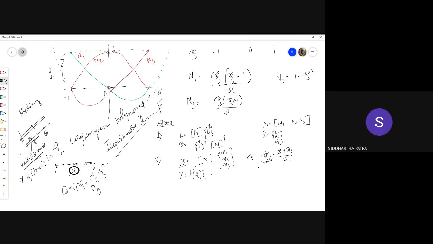So can you do this and find out the expression of x as a function of xi? So first write x in this way and then substitute this expression and then get the expression of x.